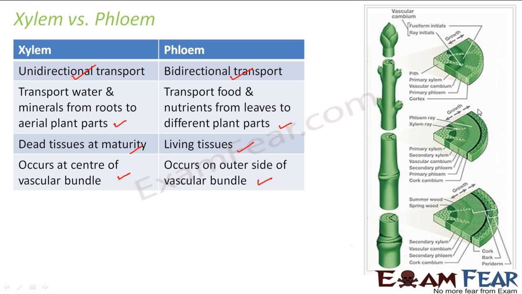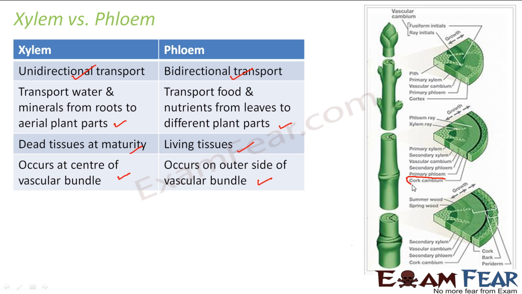If you look at this picture, you will get an understanding of where xylem lies and where phloem lies. It is a cross section of this tree. If you take a cone out of it, you would see that the phloem lies on the outside. At the extreme outside is the cork cambium.